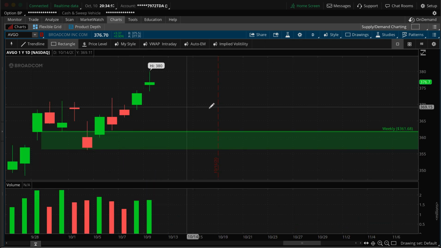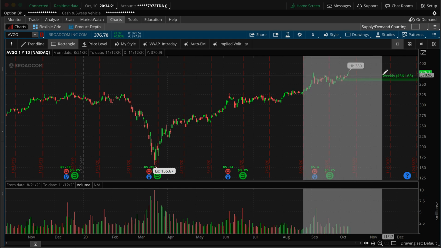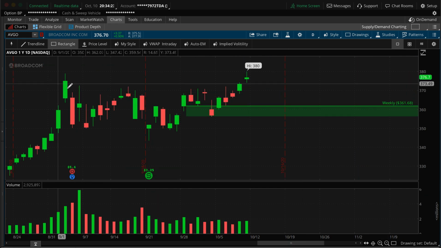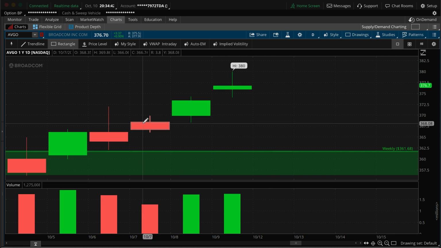Then if we go to daily and get back, you want to look around price. So you have this, but that's not a basing. Here you would be looking for a drop and rally, so there's nothing really there. Here you have a small base followed by a rally, so we can call this a daily demand right here.